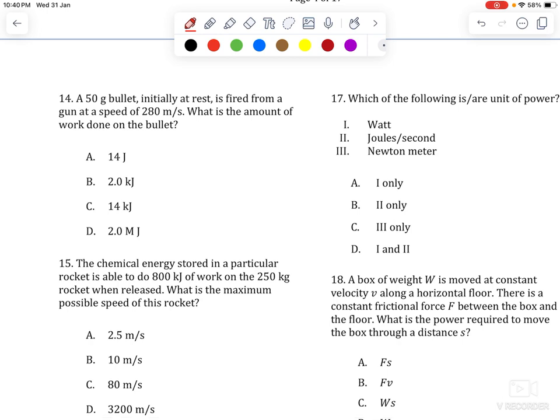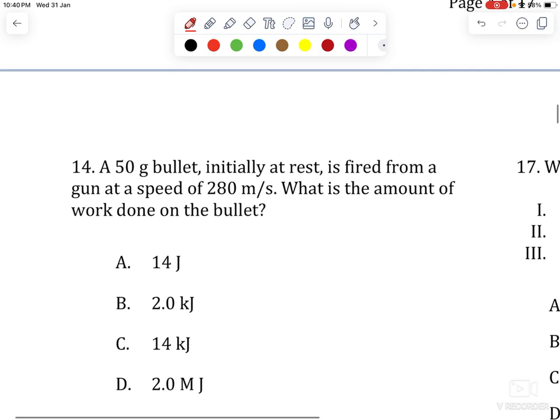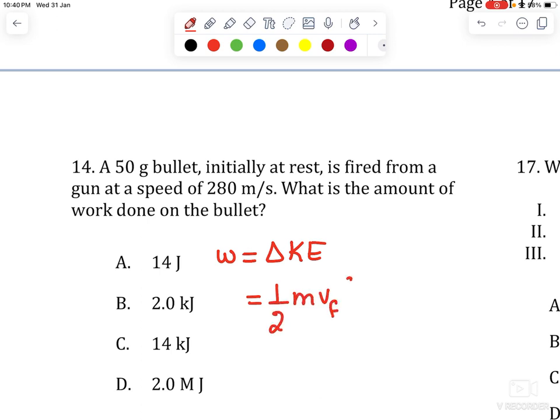Question number 14, we have a 50-gram bullet initially at rest and it is fired from a gun at a speed of 20. What's the amount of work done? So the work is the change in kinetic energy. So it is half mv final squared minus half mv initial squared.